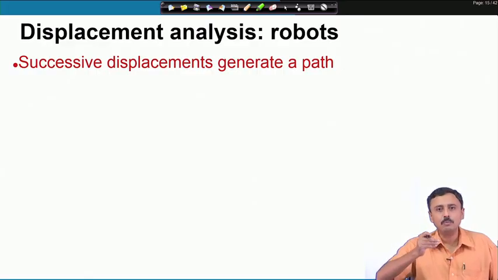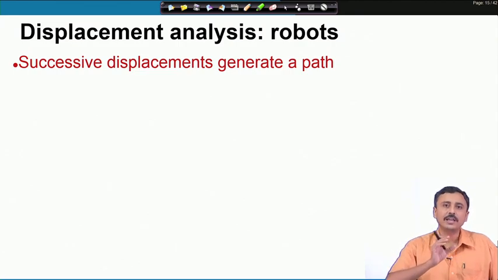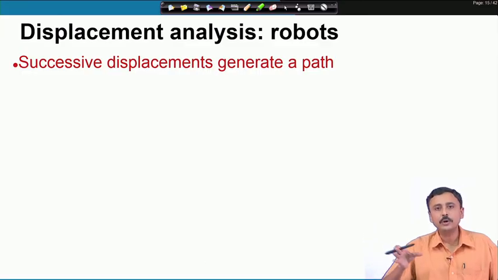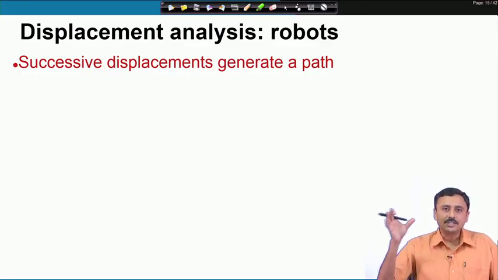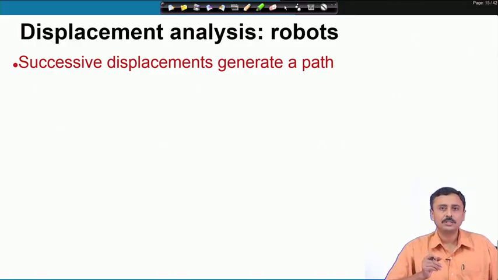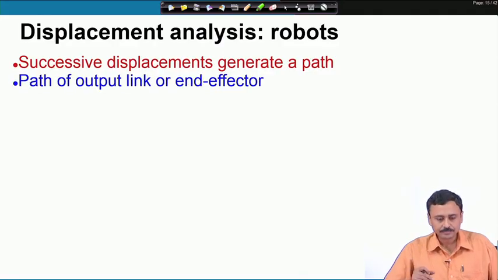Now, as you keep moving the actuators, if you change the angle or the expansion of the actuator, then this output link is going to move, that is going to generate a path. Therefore, successive displacements of the output link in response to the successive motion of the inputs will generate a path for the robot. Now, that is also a part of displacement analysis.